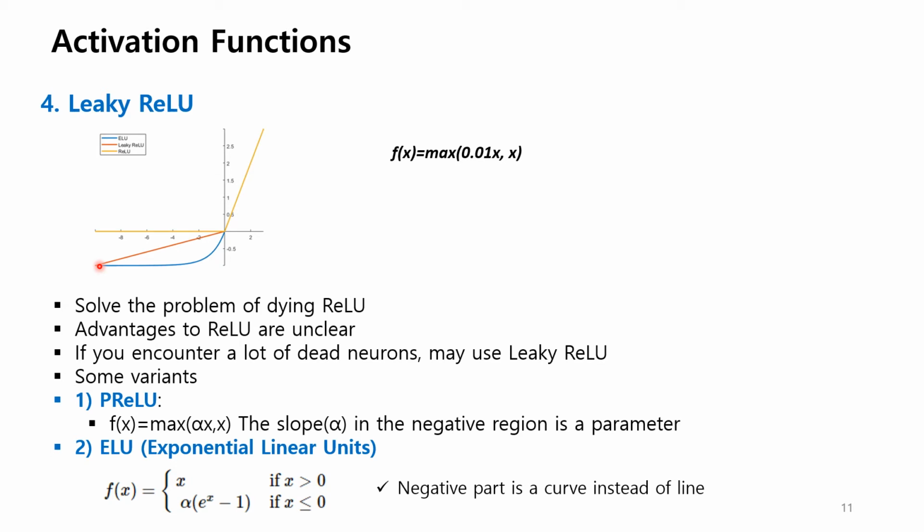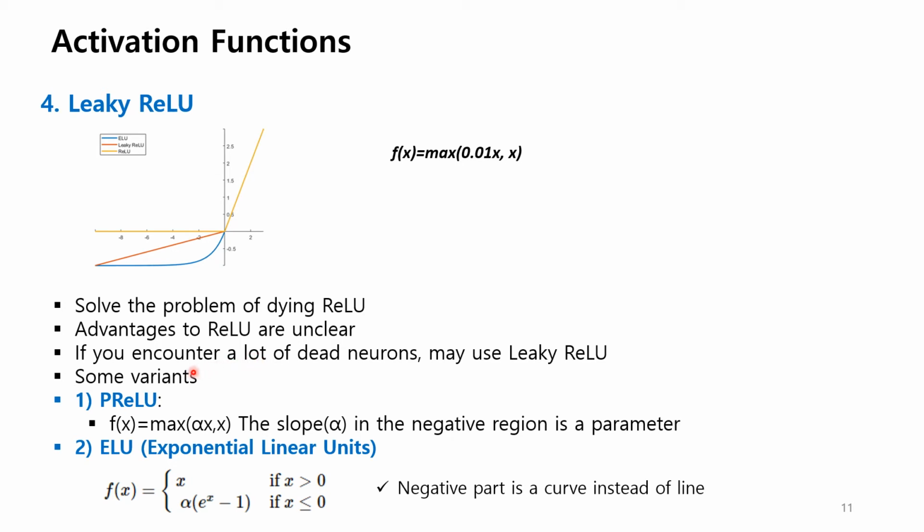We do have leaky ReLU to solve the problem of dying neurons, but it is unclear whether it is actually better. Anyway, when you run your algorithm, during training you have to see the proportion of dead neurons. If there are many dead neurons during training, maybe it is a good idea to change ReLU to leaky ReLU for your algorithm.